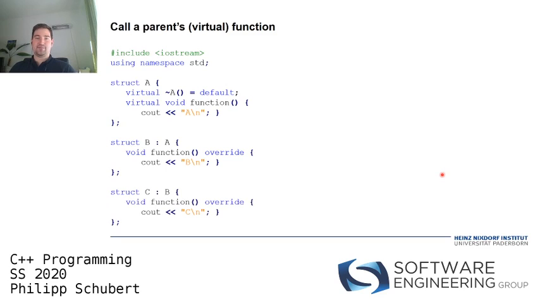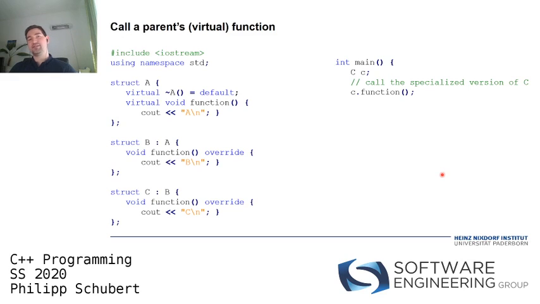To complicate things further, let's also have a struct type C, which inherits from B, so one more inheritance step. It again overrides the function and prints C to the command line. What we can do now is create a new variable c of type uppercase C, and of course we can call its member function.